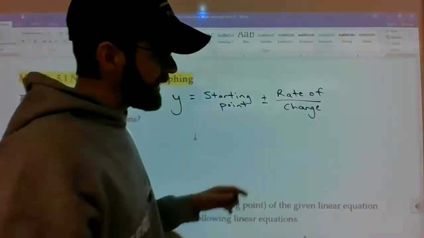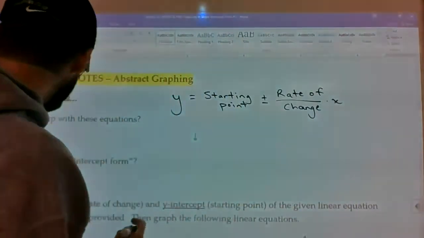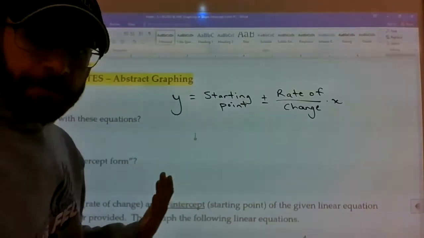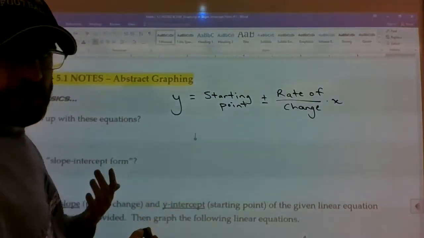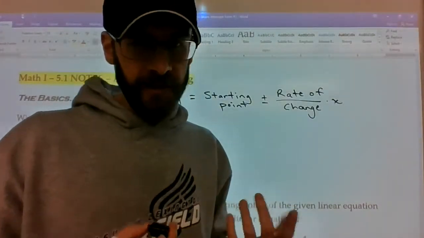And we always multiplied that rate of change times our x variable. So you'll probably see on this paper a bunch of equations that are given to you, and the idea is, what are we supposed to make of this?